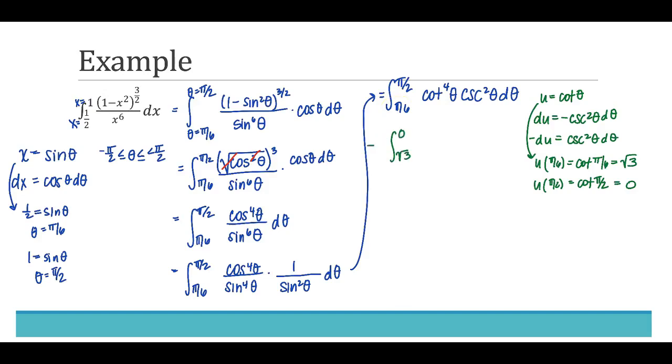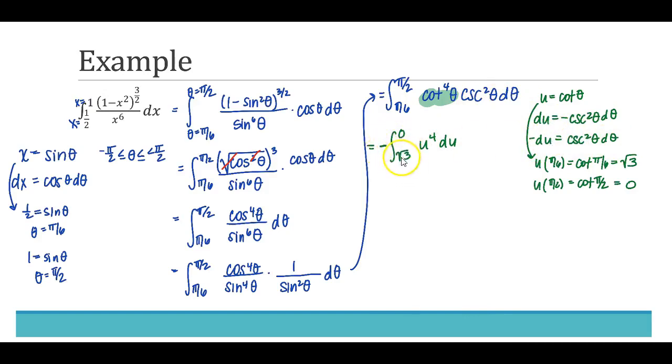We are going to have a negative in front, and then we have just u to the 4th du, because I'm going to replace my cotangent theta with u, and then cosecant squared theta d theta with negative du, so put the negative in the front.